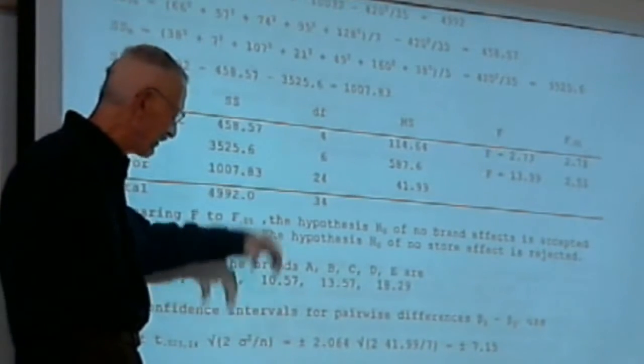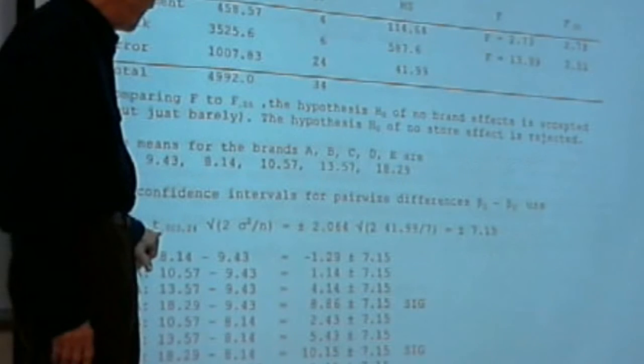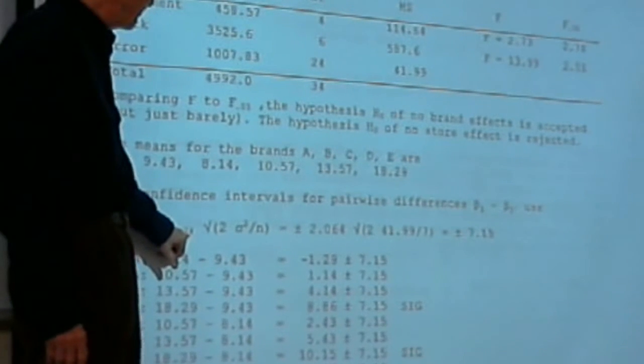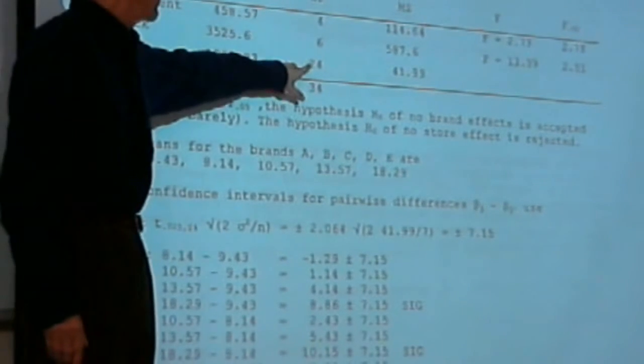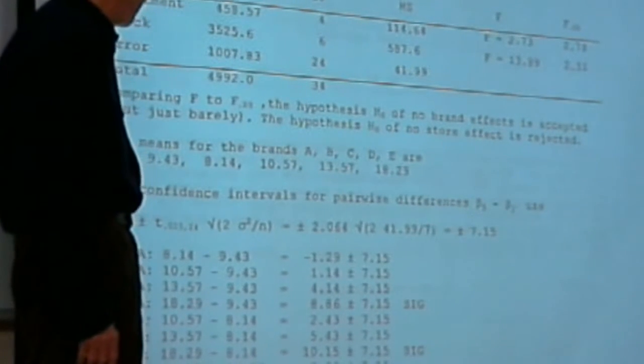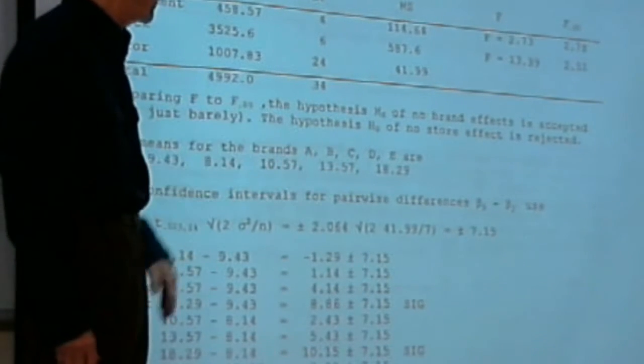So I pulled that out from the previous page. Here's where I need it. Here's the point from the t-table, with the appropriate degrees of freedom coming from the mean square error in the ANOVA table. And so I put this all together and I get plus or minus 7.